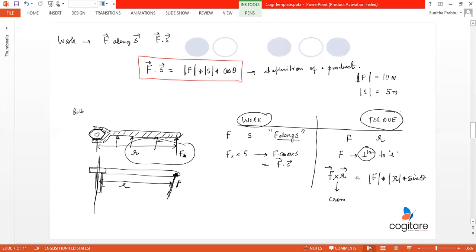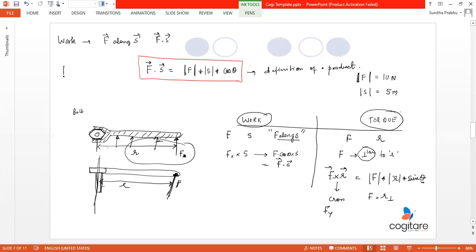Because here we are talking about Fy, the vertical component of F. I will explain that in a minute. If F and R were exactly perpendicular to each other, then theta becomes 90, and you will simply have F into R perpendicular. If theta is equal to 90, you simply say F into R, and that becomes torque.